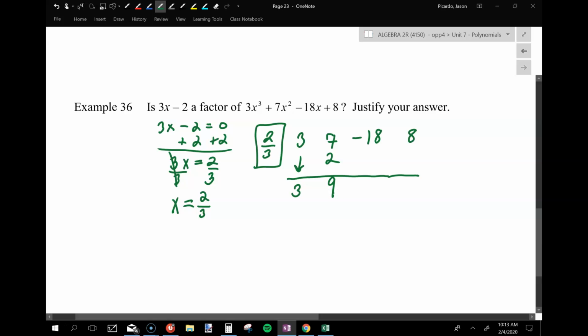What's 2/3 of 9? 6. That gives me -12. And what's 2/3 of -12? It's -8. 2/3 of 12: 1/3 would be 4, which gives me 0. So is it a factor? Yes, it is a factor.